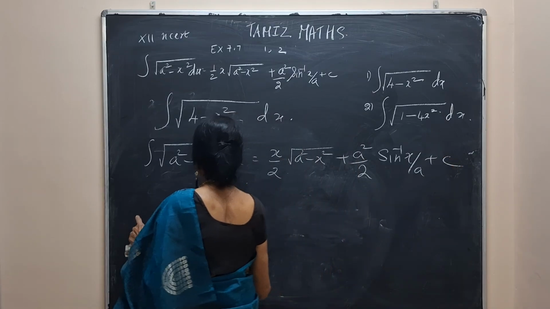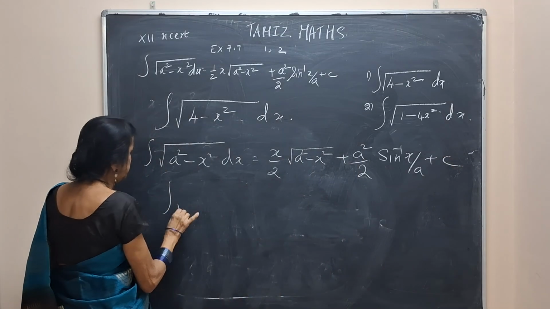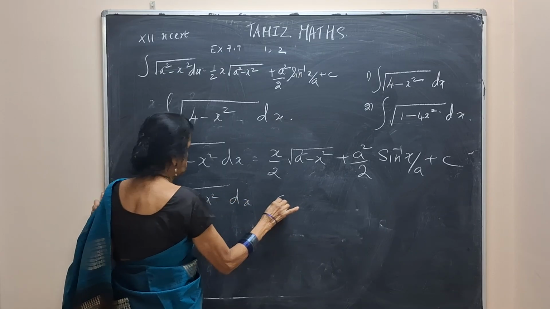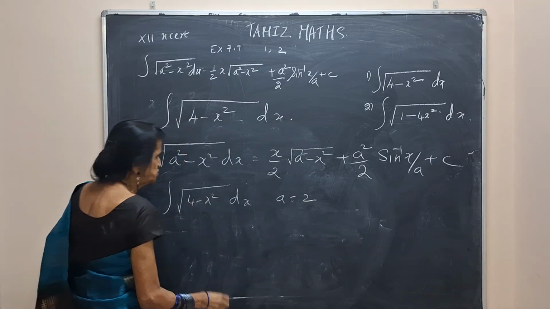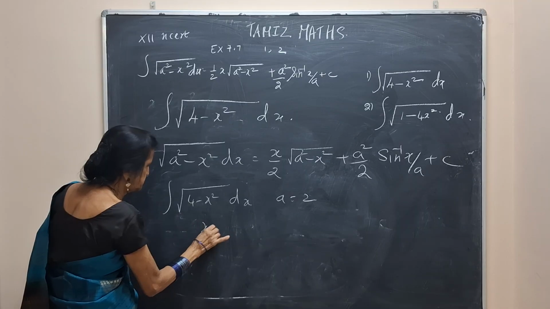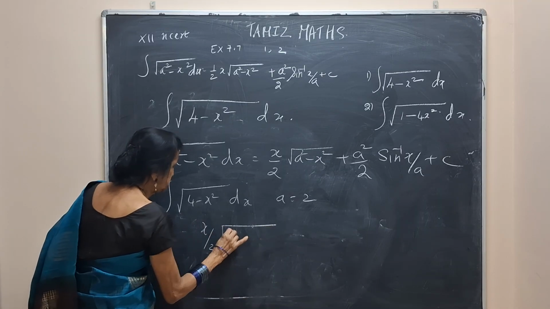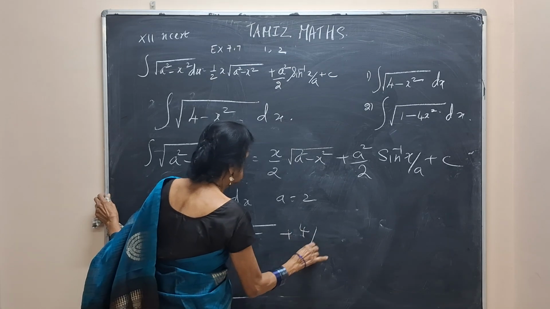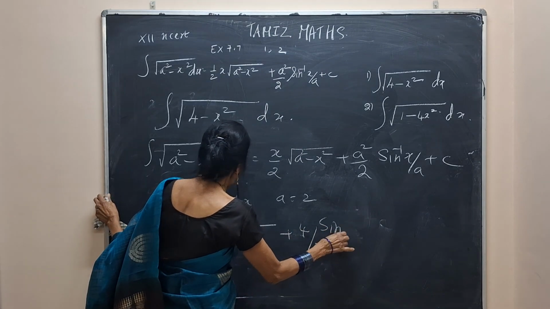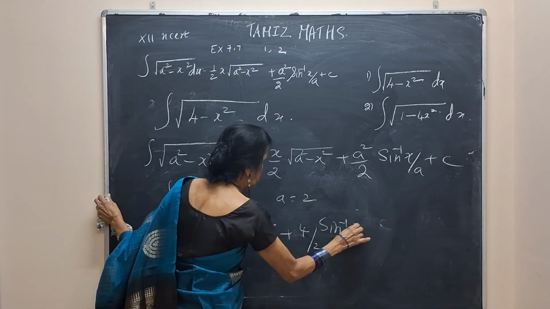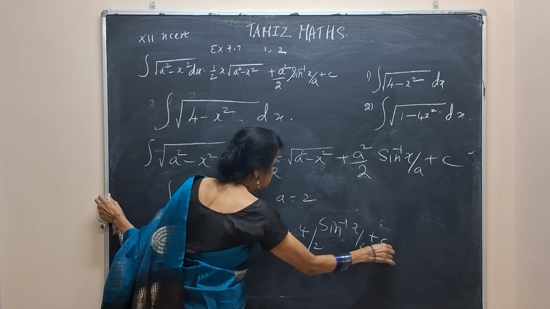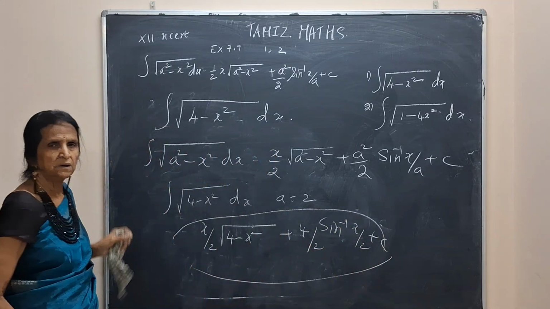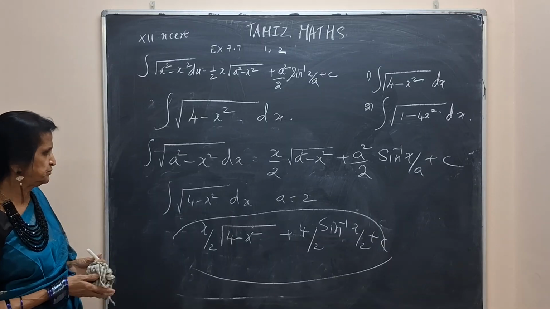Here, integrate root of 4 minus x square dx, so a is 2. So the answer will be x by 2 root of 4 minus x square plus 4 by 2 sine inverse of x by 2 plus c. Simply the answer. Nobody is asking you anything more than that. That will be the answer for problem 1.